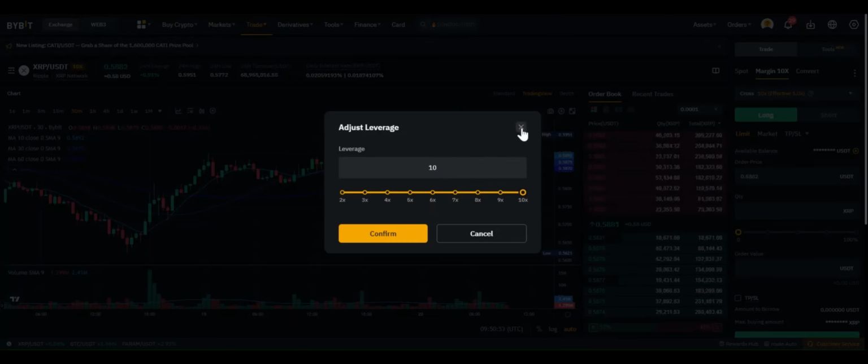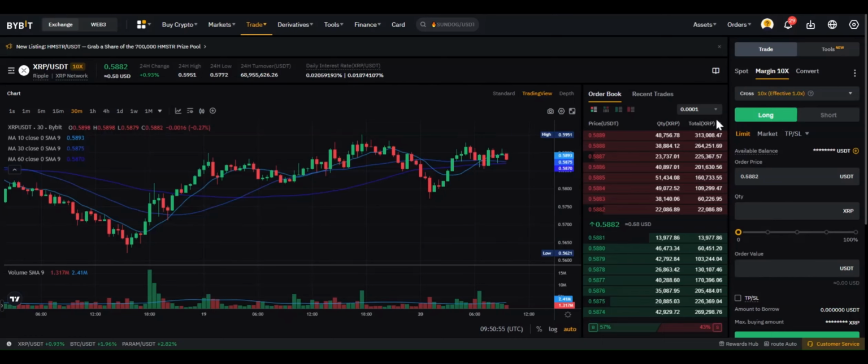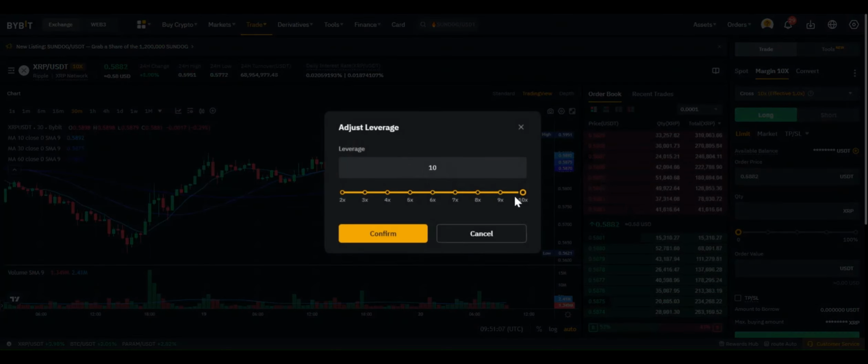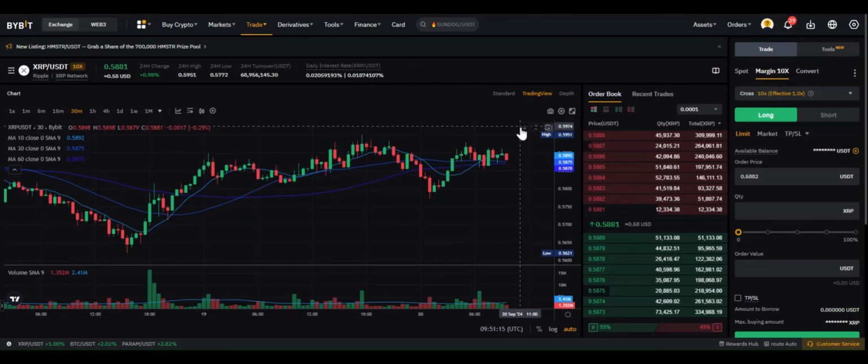So leverage trading is similar to spot, except you are trading with more capital than you actually have in your possession, right? So this exchange only offers as much as 10x. There are some exchanges that offer up to 50x and even 100x, right? So yeah, that's that for trading.